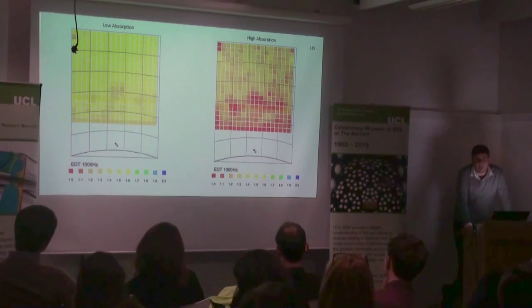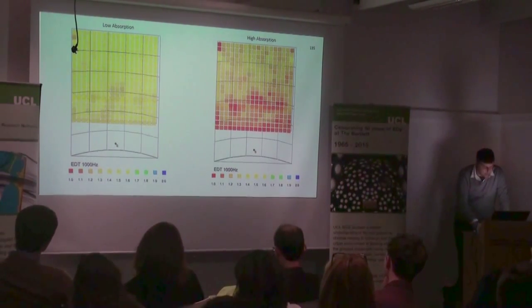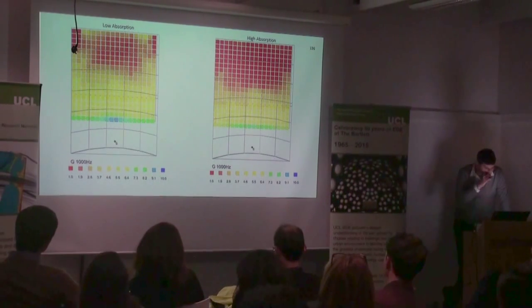So it means that the shape is actually doing its job, and it's up to the material to get more or less reverberation, but we get pretty much constant reverberation values in the room. So the distribution of values is actually doing a good job.